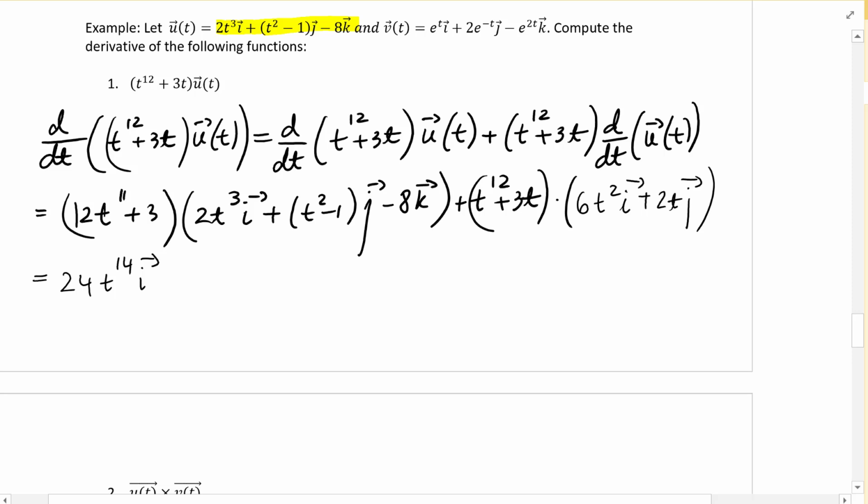So we are multiplying this, and then we can multiply this one as well with i. So then it's going to be plus 6t to the third, and let's do i plus, and now let's do this one times this, and the same here.